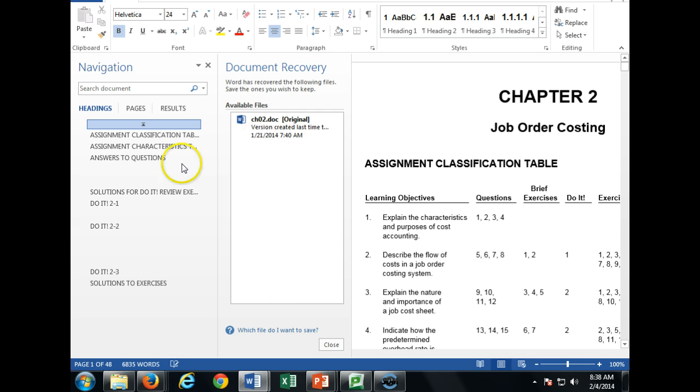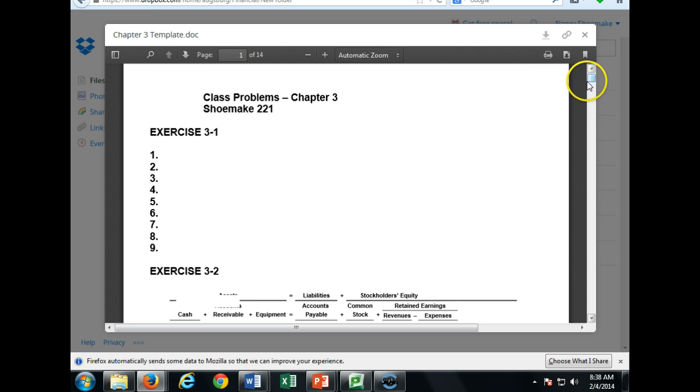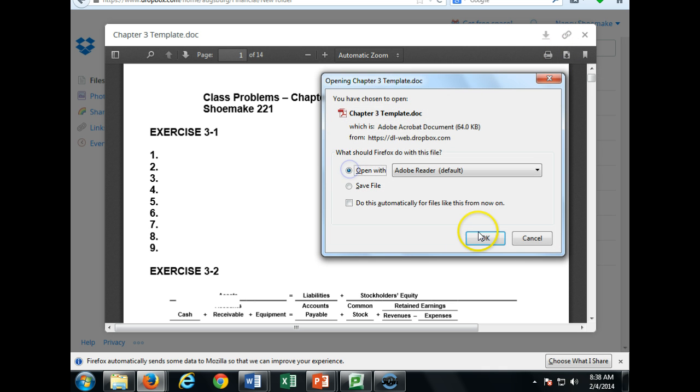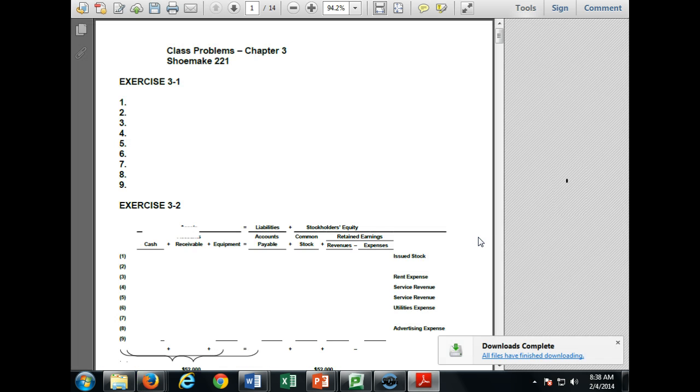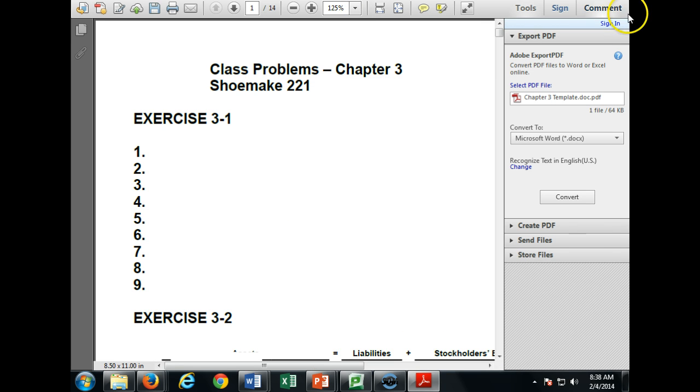There. Chapter 3. Boy, oh boy. New folder. Okay, but I want to save this. If I download that, oh, I open. Okay. Little slow this morning. Had too much fun with my daughter last night. How do I get rid of this side? Darn. Okay, I'm not going to worry about it.